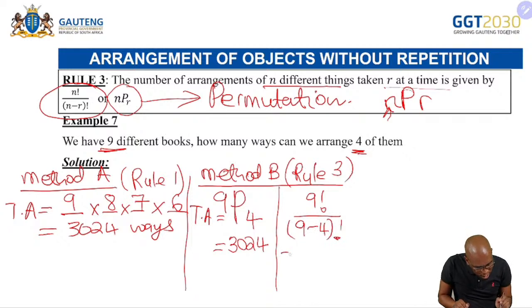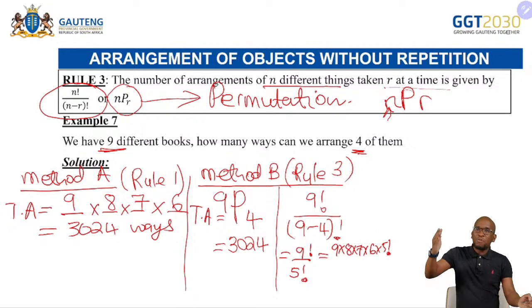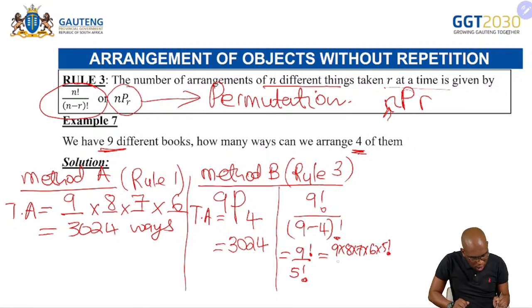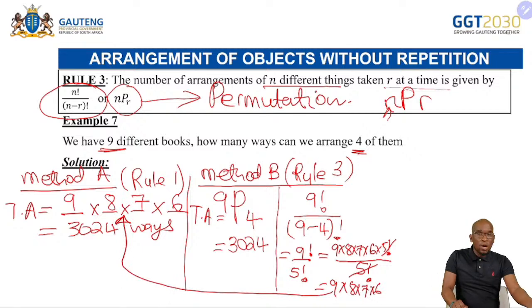Now, this would be 9 factorial over 5 factorial. 9 factorial is 9 times 8 times 7 times 6 times 5 factorial, divided by 5 factorial. If you divide this and that, you get 9 times 8 times 7 times 6, which is exactly the same as what we got there.